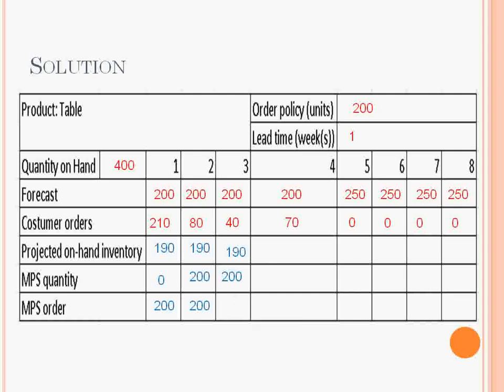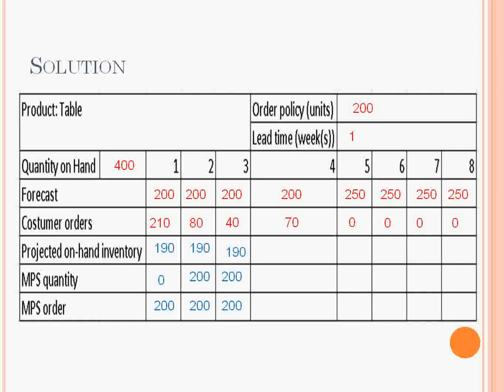As there is a demand for 200 tables in week 4, and we have only 190 in the stores, we have to make an order for one series in order to get another 200 tables for the next week.